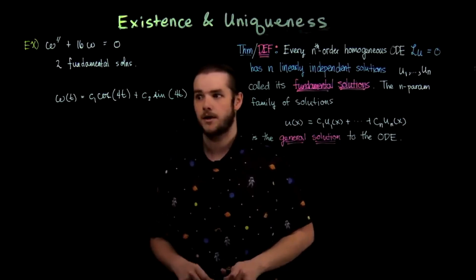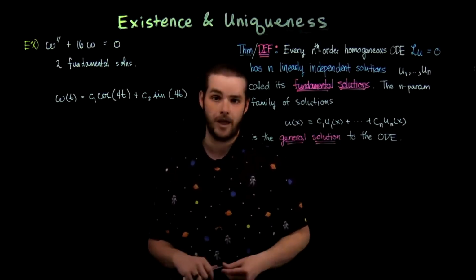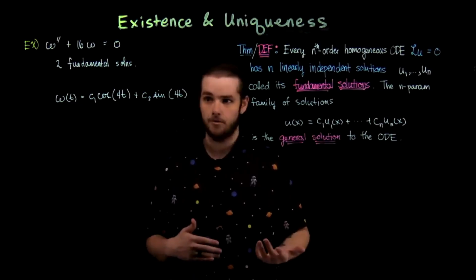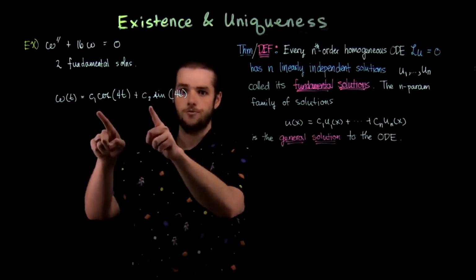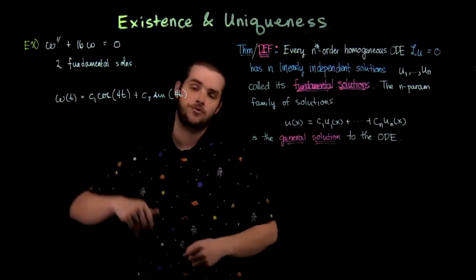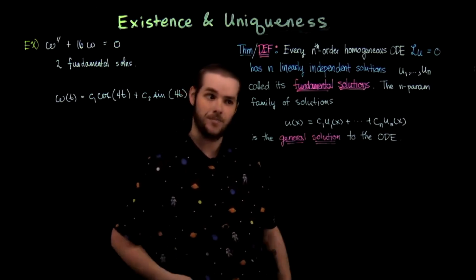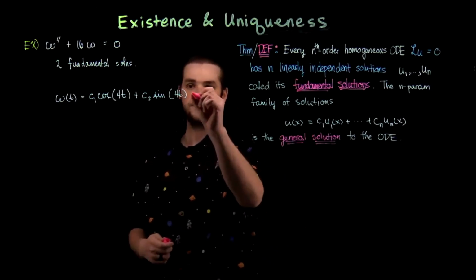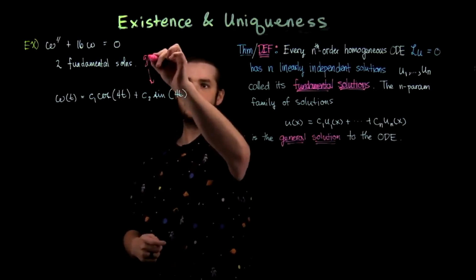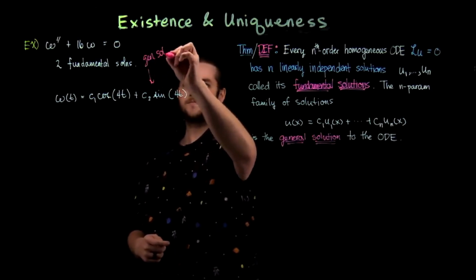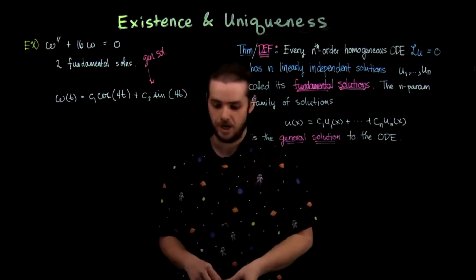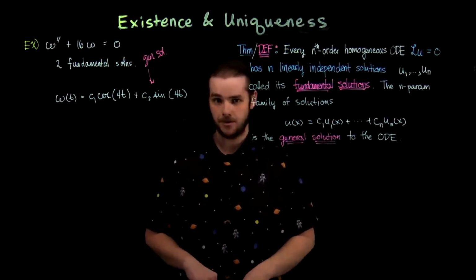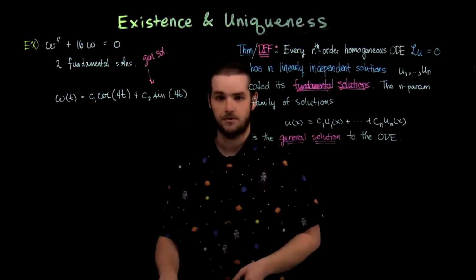This is a solution, and it's a two-parameter family of solutions. And you may have noticed this pattern by now, that I have two parameters for an order 2 equation. Here's why. Now, again, this is the general solution. That's the general solution of my equation. And I should be able to extract the fundamental solutions from this equation.